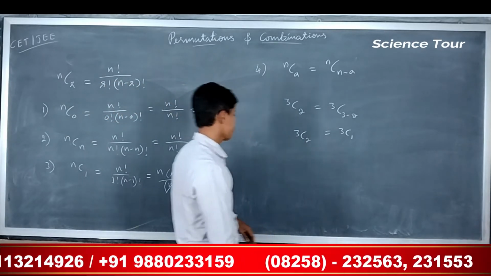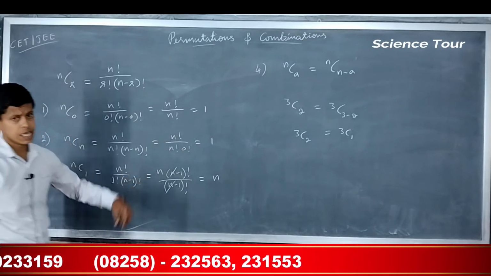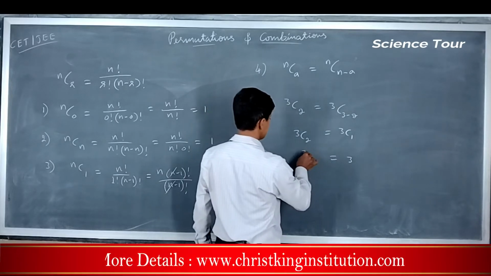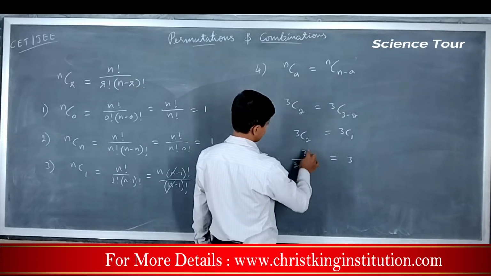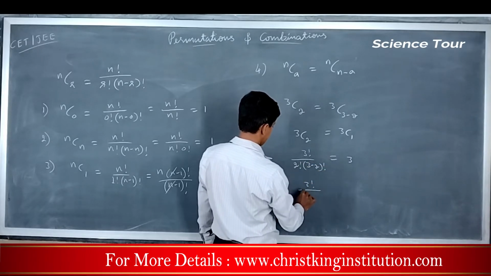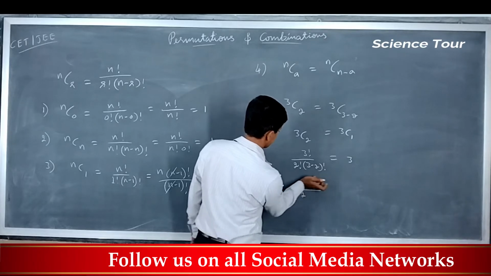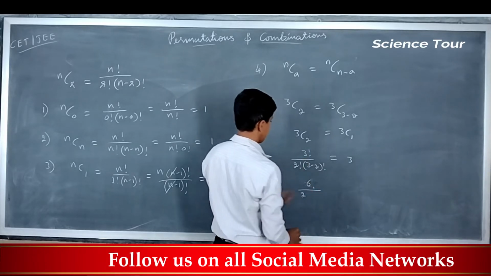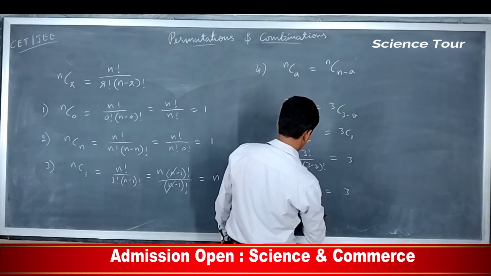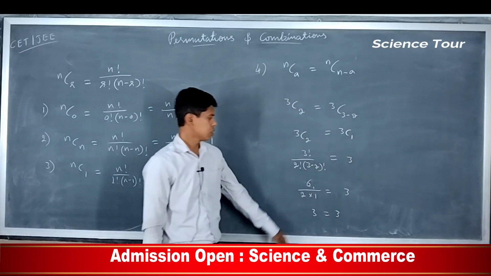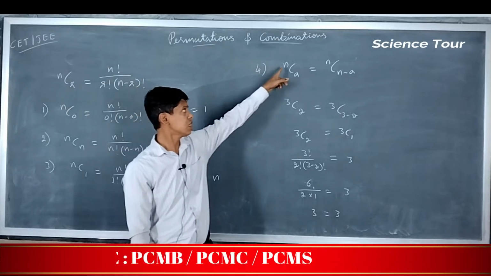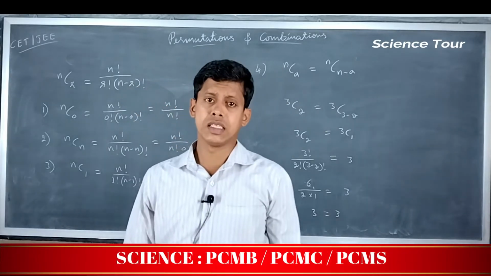What is 3C1? nC1 is n, so 3C1 is 3. What about 3C2? 3C2 is 3 factorial divided by 2 factorial and (3 minus 2) factorial. 3 factorial is 6, 2 factorial is 2, and 3 minus 2 is 1, so that is also 3, correct? So 3C2 and 3C1 are equal. Therefore, in general, nCa is nothing but nC(n minus a).